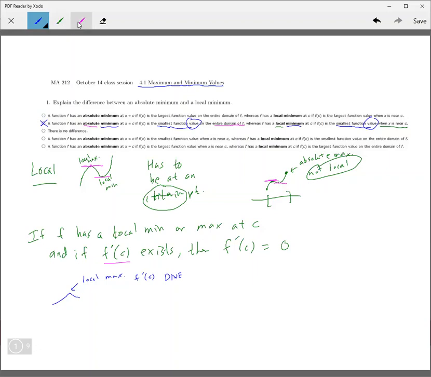Another situation could be where it goes like that, and then it's down like there. That's a local maximum, and the derivative doesn't exist, because it's not continuous. There's a break in it.